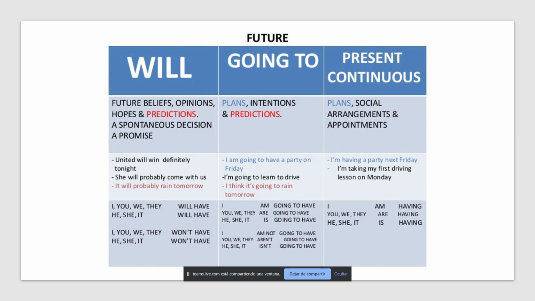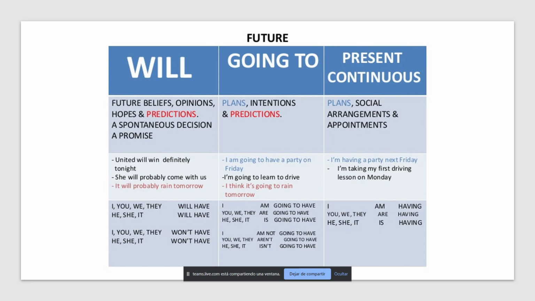The use of "going to" is for plans, intentions, and predictions that have evidence. For example, "I think it's going to rain tomorrow," or "I'm going to have a party on Friday," "I'm going to learn to drive."